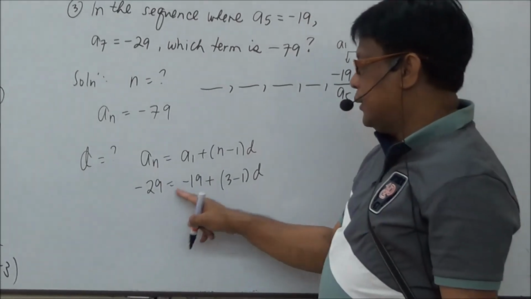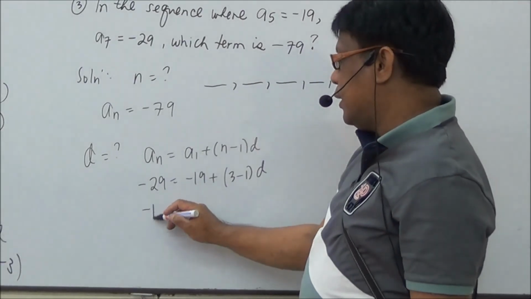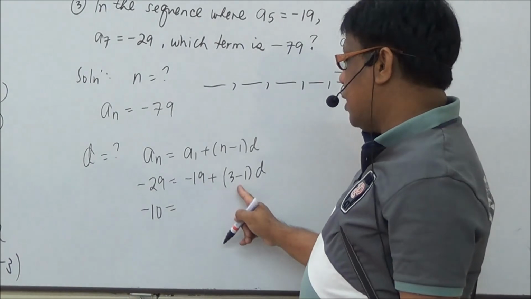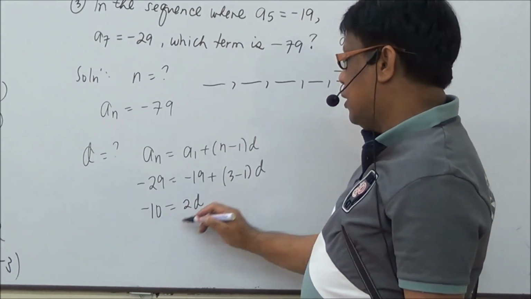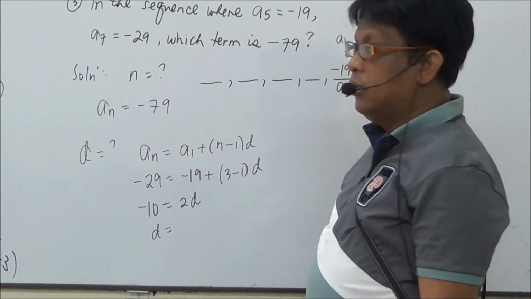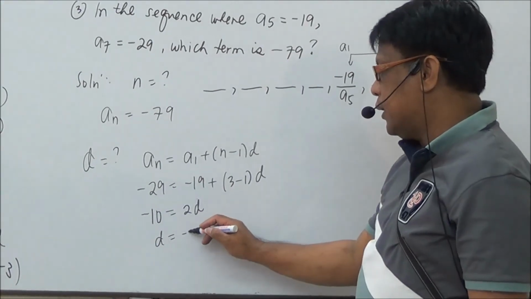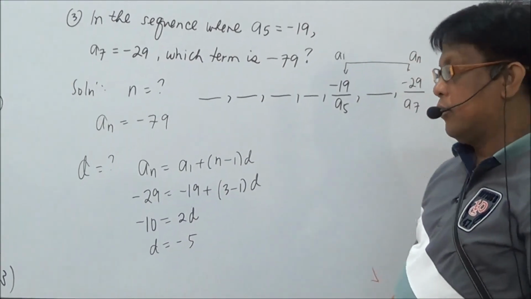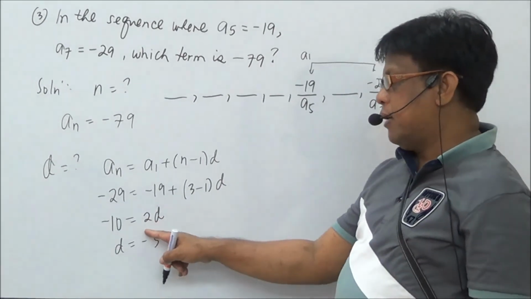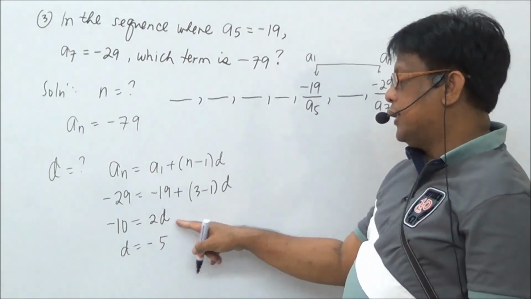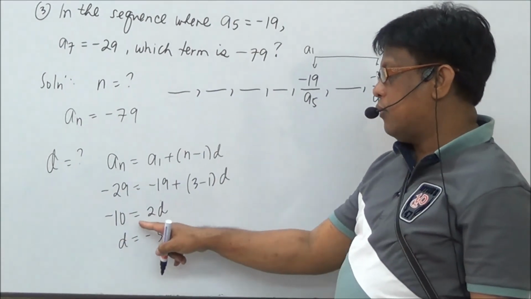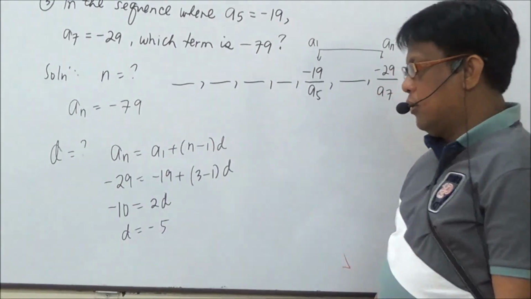Okay? Then simplify now, we have this as negative 10 equals 3 minus 1 is 2d. And defining now your d or common difference, it is negative 5. Okay? That is dividing both sides by 2 on your previous equation, which is negative 10 equals 2d.